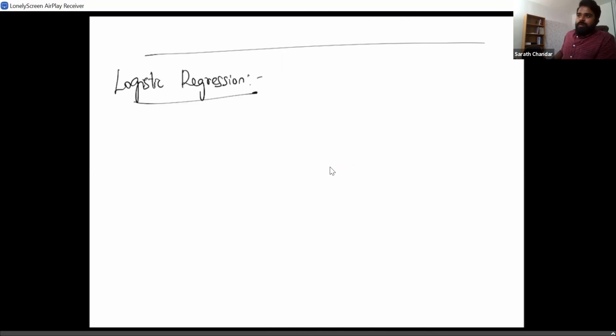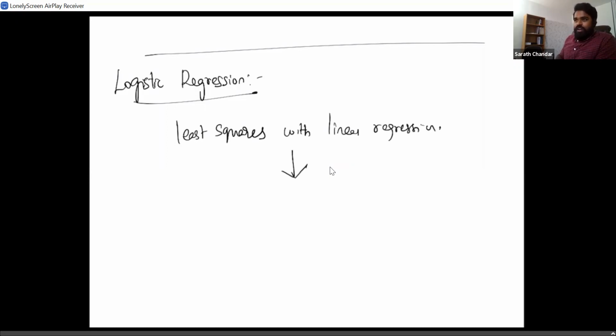Now there was a question in the beginning about whether this loss function is convex or not, so we're going to get into that discussion now. In the case of least squares with linear regression, we had a closed form solution.